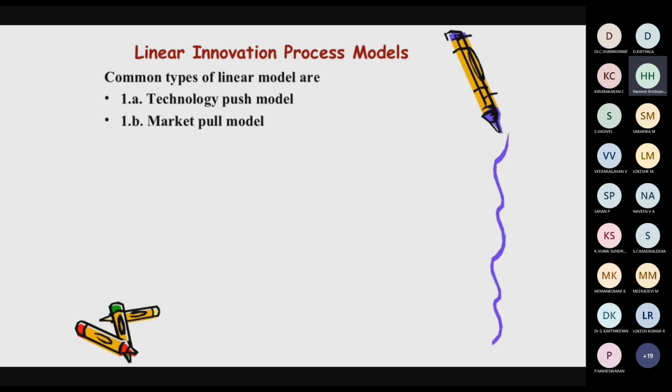Then design, then they will go for engineering, and after that manufacturing, then finally marketing and sales. Some earlier examples, like phones, are based on these market pull inventions. So these are the main linear innovation process models.